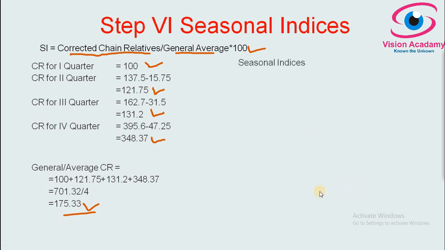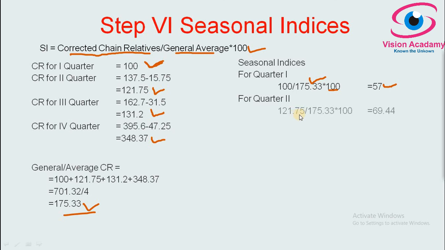So let us find the seasonal indices. For the first quarter, the seasonal index will be 57, because the corrected chain relative is 100 and the general average is 175.33, into 100, which gives 57. For the second quarter, let's apply the formula again. 121.75 is the corrected chain relative of the second quarter, and 175.33 is the general average, into 100, which will be 69.44.